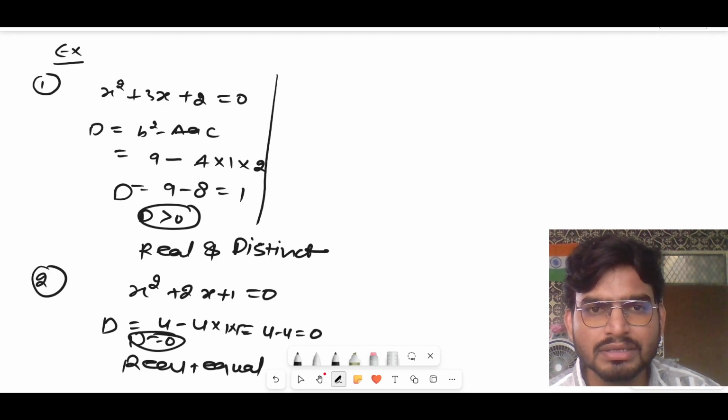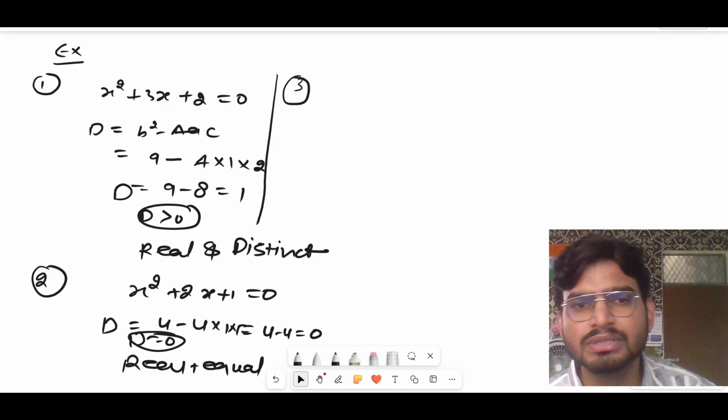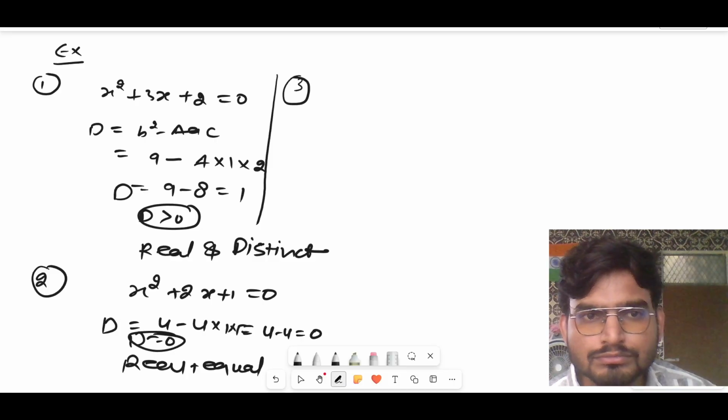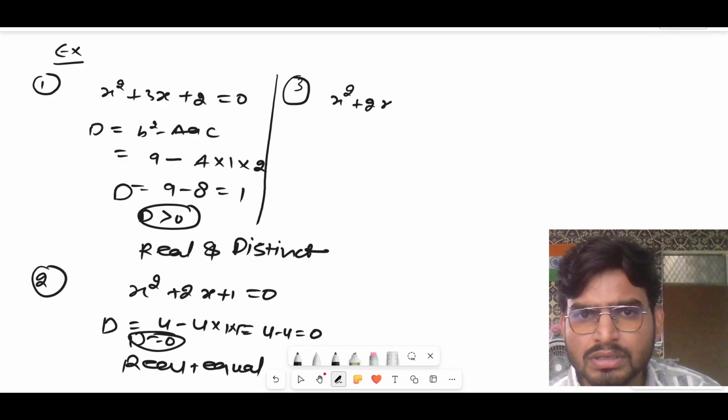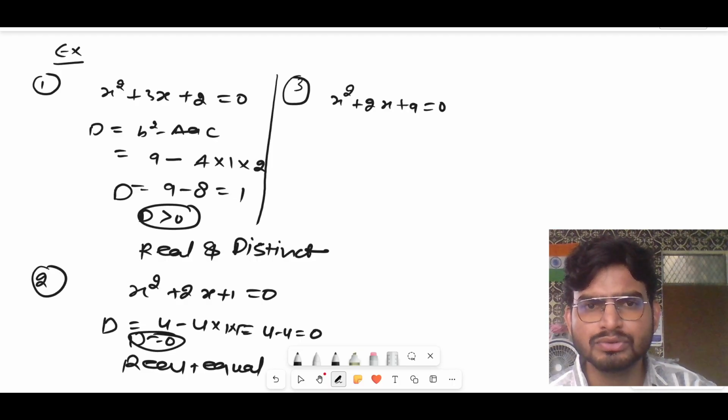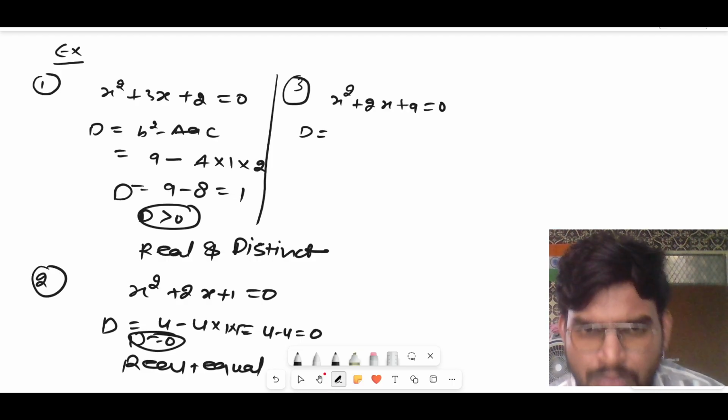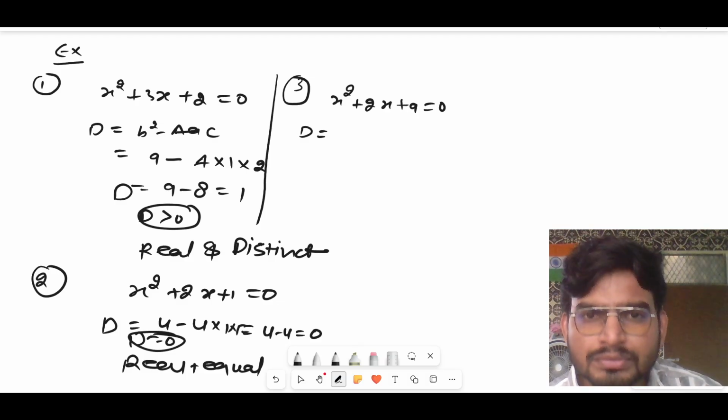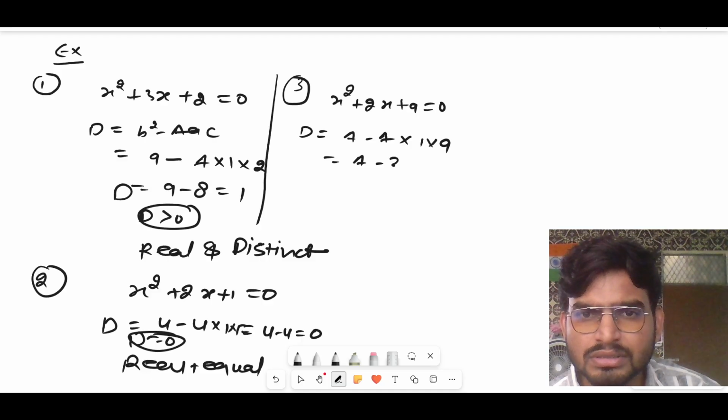And now question number 3: x square plus 2x plus 9 equals 0. What will be the nature of the roots? D equals b square minus 4ac, that will be 4 minus 36, which is minus 32.